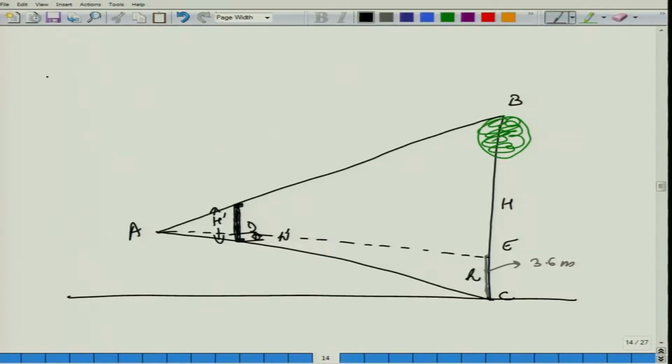Now in triangle D, E, F, G. So, in triangle A, B, C and A, F, G, we are considering these two triangles. One triangle is AFG and the second triangle is the extension.